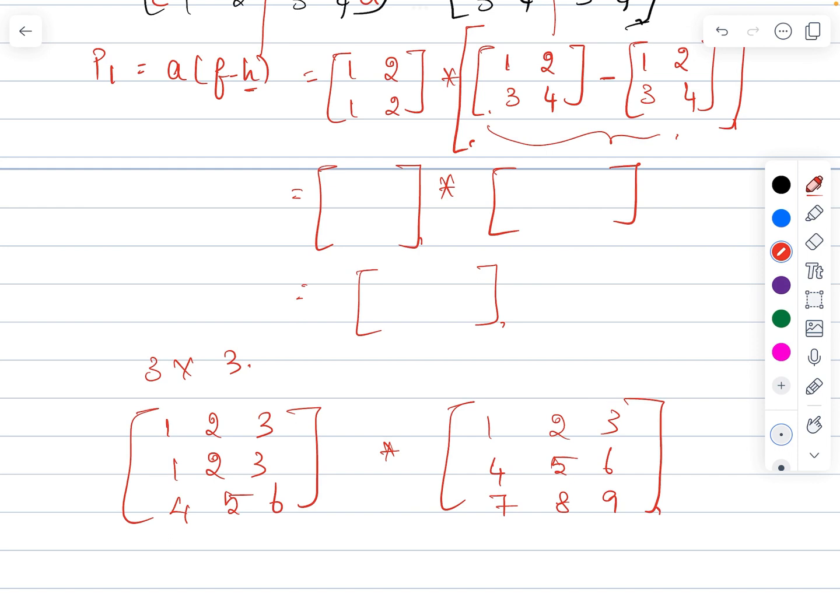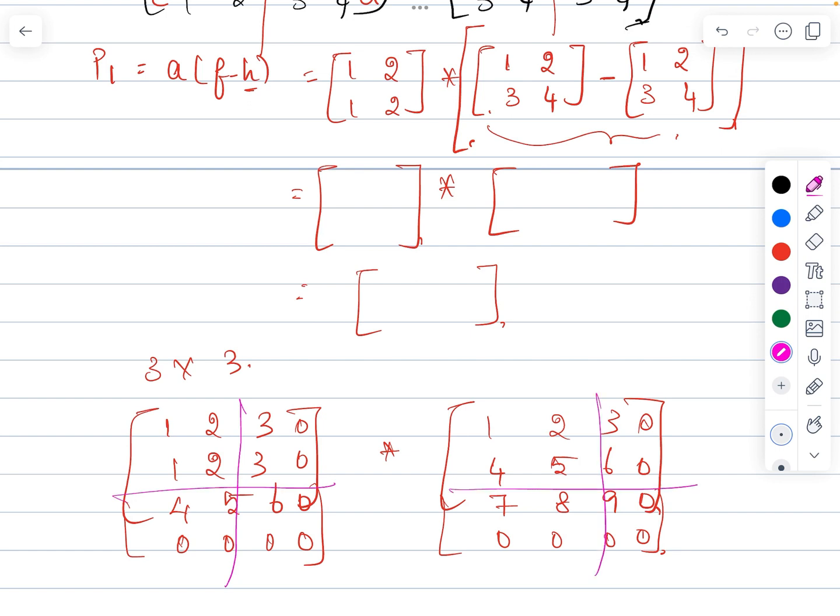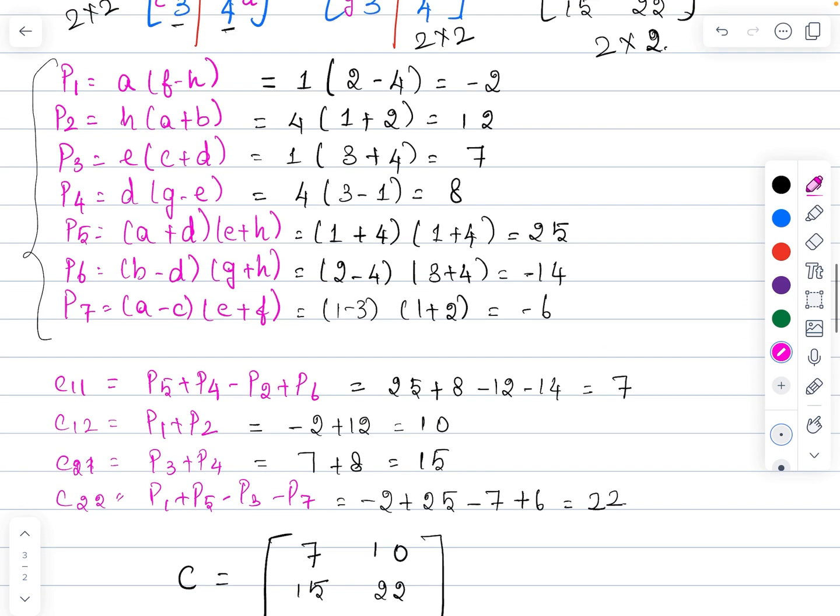We are supposed to add 0 padding, make it even, and then apply Strassen's matrix algorithm. This is how Strassen's matrix algorithm works, only based on these formulas.